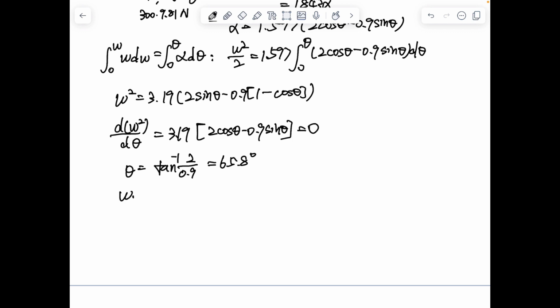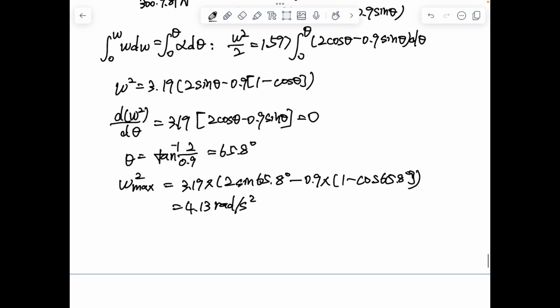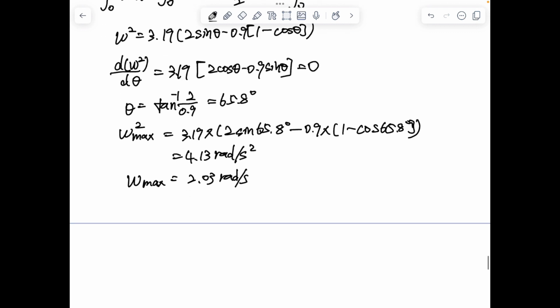Then omega maximum square is equal to 3.19 times 2 sine 65.8 degrees minus 0.9 times 1 minus cosine 65.8 degrees. This is equal to 4.13 radian per second square. Then omega max is equal to 2.03 radian per second.